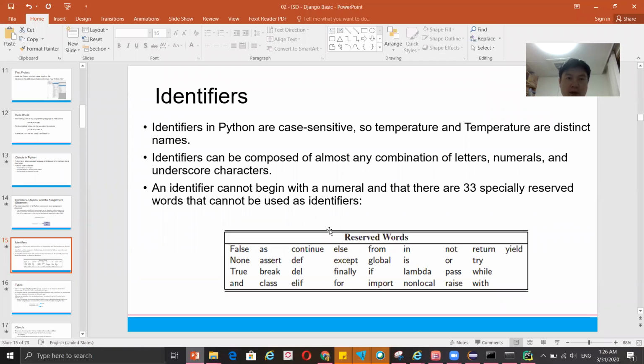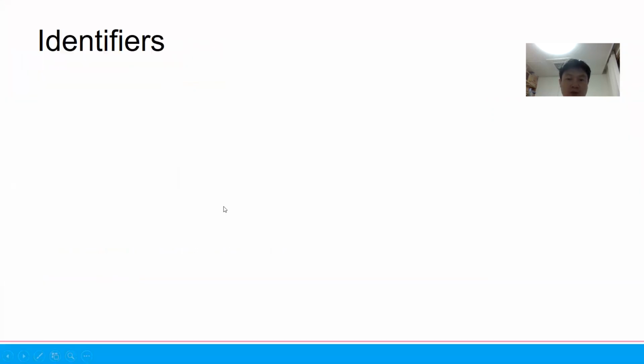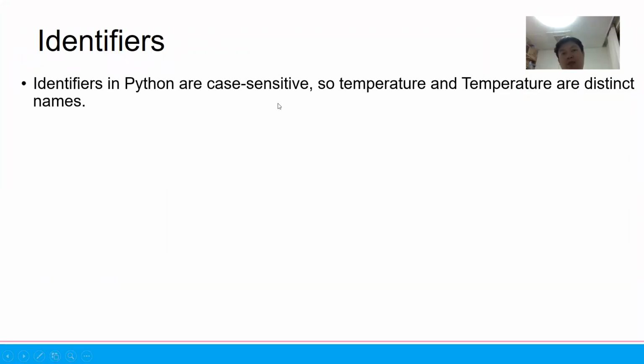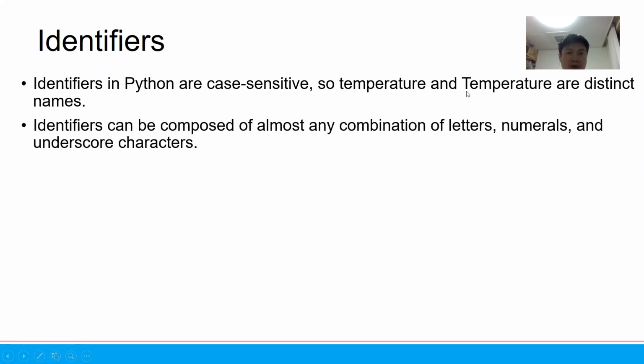In Python there are many reserved words. It means you need to use your own variable name, not one from the reserved words. Python is also case sensitive. A small t is different from a big T. Also, you need to compose the identifier from a combination of letters, numerals, and underscore characters.